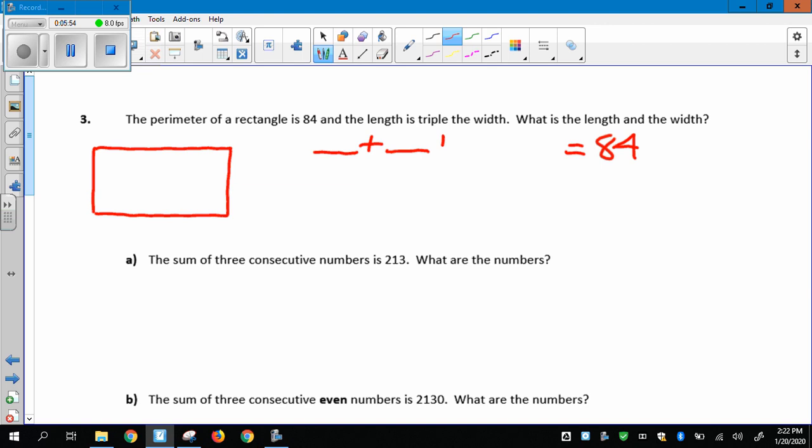So I'm just going to set this up so I know I'm adding 4 things to get that. Now I need to represent those. It says that the length is triple the width. So whatever the width is here, the length is 3 times that. Now, the way I can represent that is just 3 times W. Now remember that in a rectangle, opposite sides are equal. So those are my 4 expressions, and all I have to do now is add those up.